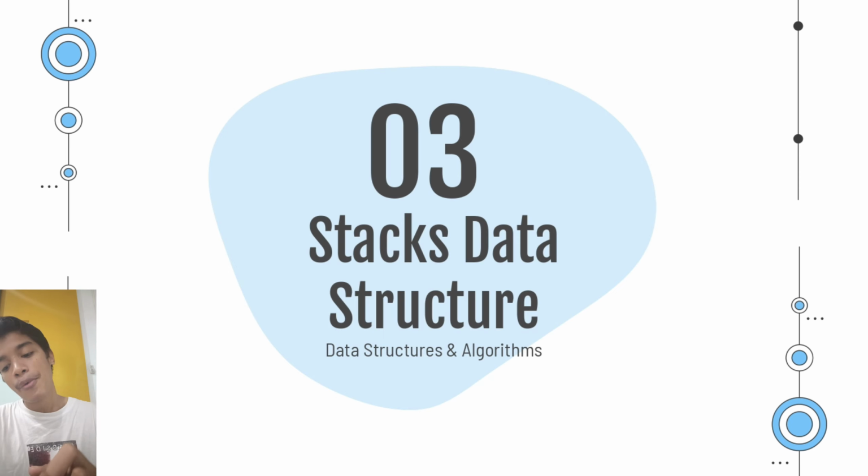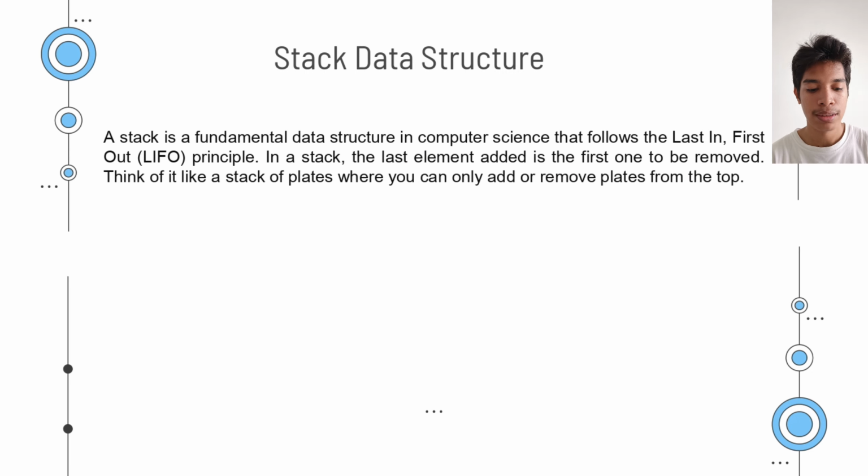So next we're gonna talk about the third session, which is about the stack data structure. Hi everyone, so I will explain the stack data structure. As we know, we can see the definition of the stack data structure.